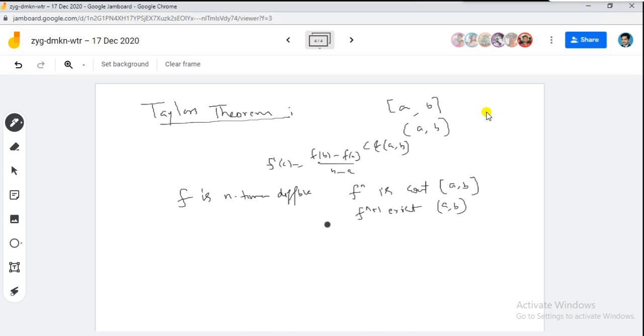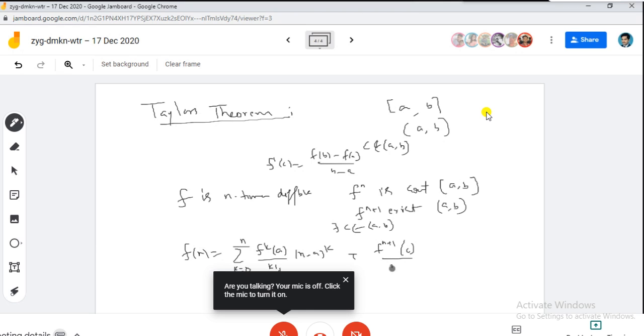Then there exists a point C in AB such that you can write this function f(x) in the form of the series, the kth derivative at the point a over factorial k and (x minus a) to the power k, k varies from 0 to n, plus this (n plus 1)th derivative at the point C upon factorial (n plus 1) and (x minus a) to the power n plus 1.